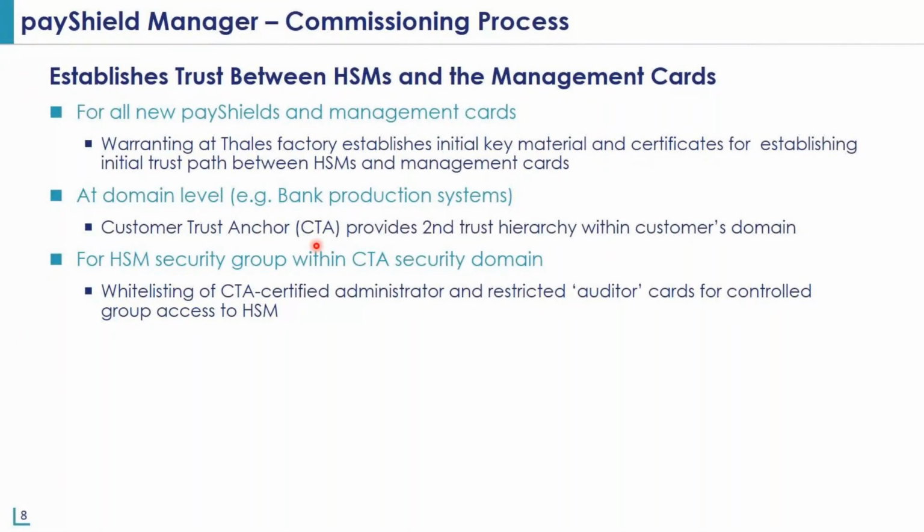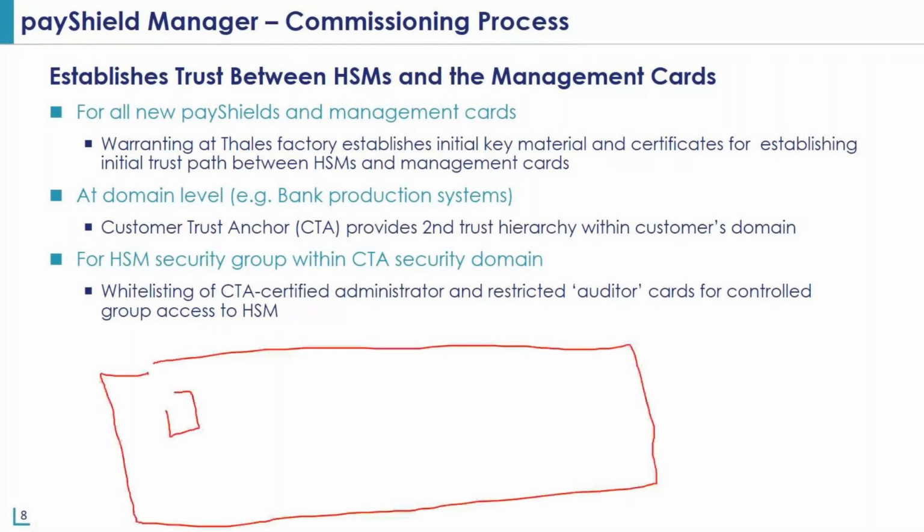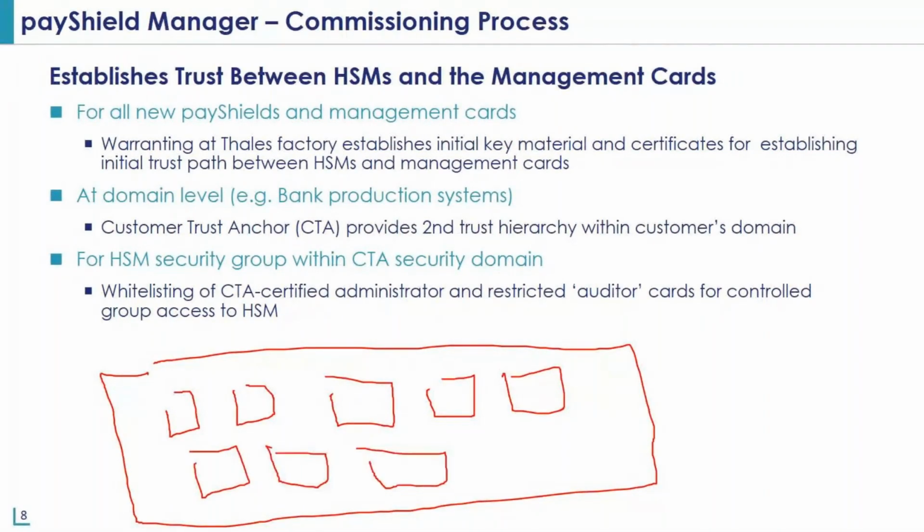So that a boundary is created that this HSM will use these smart cards only. Let's say you commission 5 smart cards, you might have to configure more. On every smart card, you are copying the public key so that they can be used to communicate with the single HSM only. So this trust is established with the help of CTA.